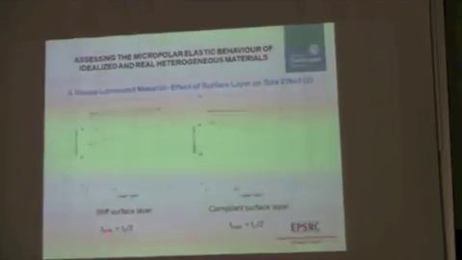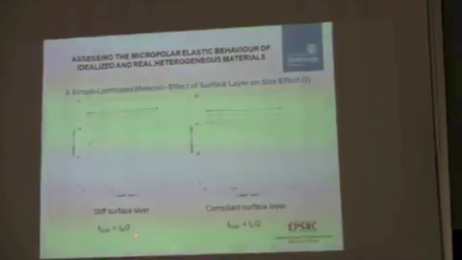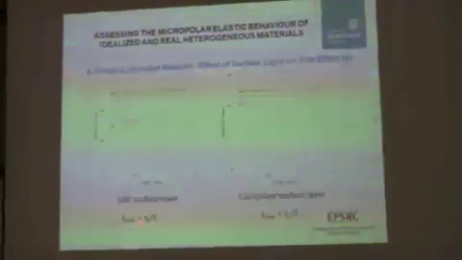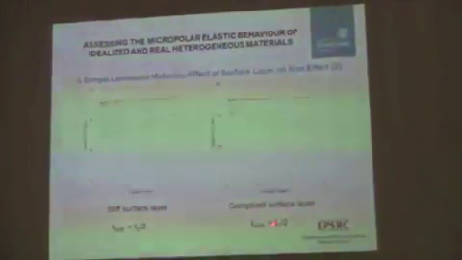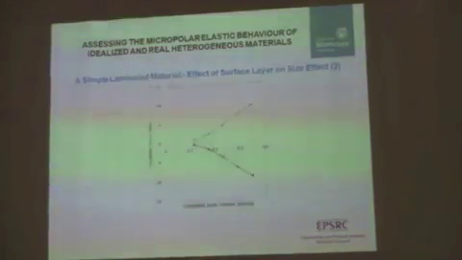Providing you meet this condition, where TS is the thickness of the surface layer, the surface layer in this case is half the thickness of the stiff layer, and in this case the thickness of the surface layer is half the thickness of the compliant layer. So providing you meet these conditions, you'll get this linear variation in stiffness, we think. If you don't meet this condition, then these variations are non-linear, is what we find.